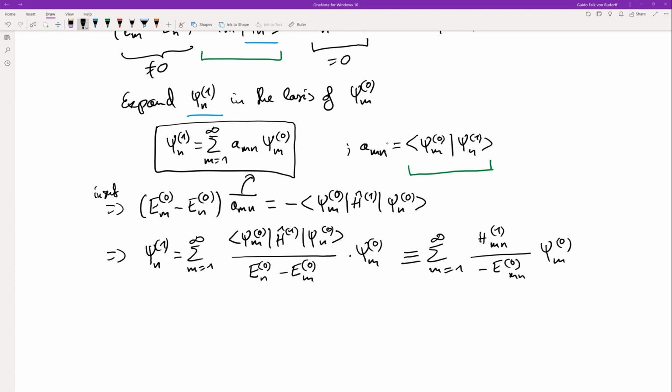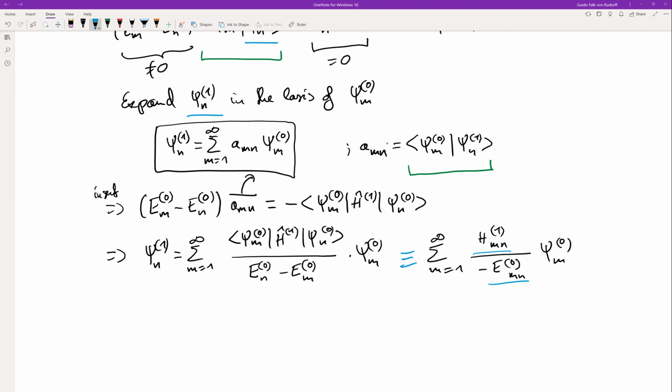This allows us to introduce these two terms here, and they are what's defined. So maybe we do it like this, so it becomes clear. So this now gives us a way to get the perturbed wave function just from the perturbation and from the unperturbed system alone.